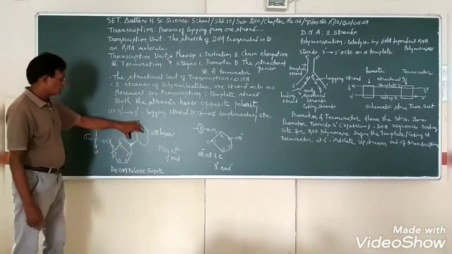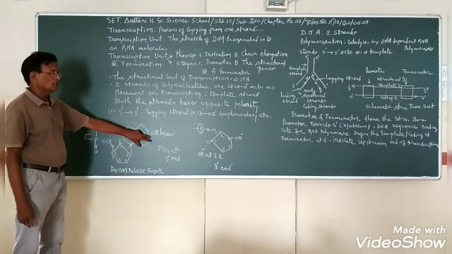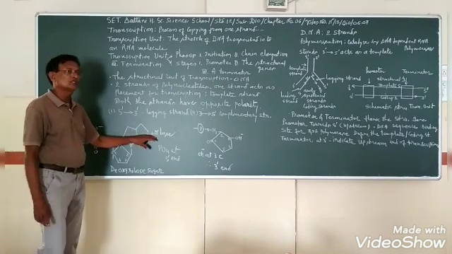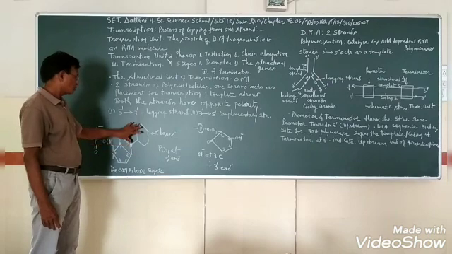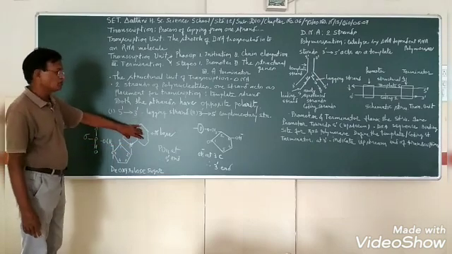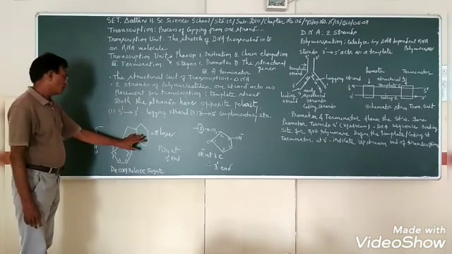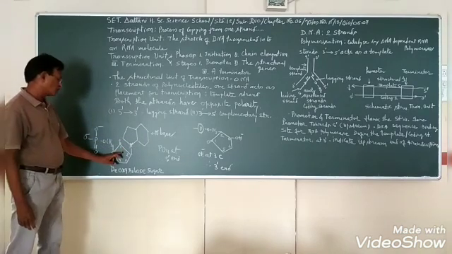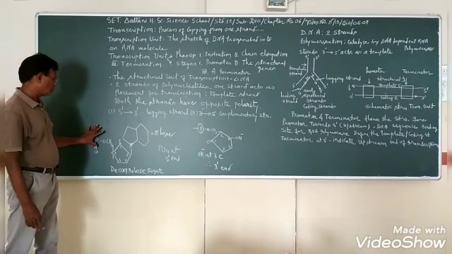Now you will see this is the nitrogen base. Earlier it has been told to you that there are 2 types of nitrogen base. One of them is purine, the other is pyrimidine. So the nitrogen base has been drawn here. Now see, this is the deoxyribose sugar, and this is phosphate.